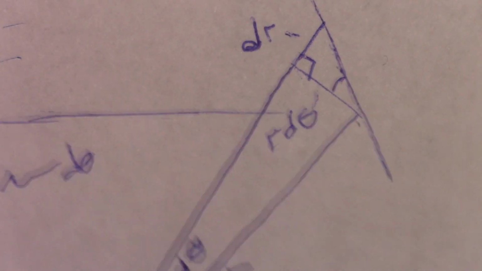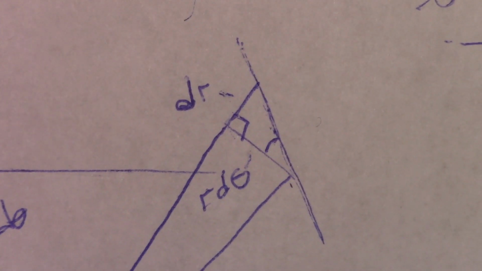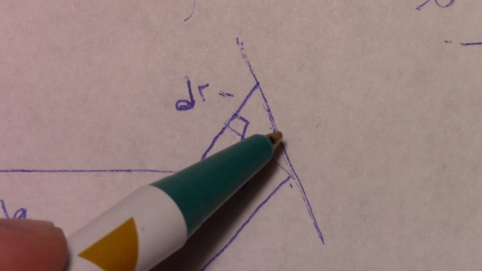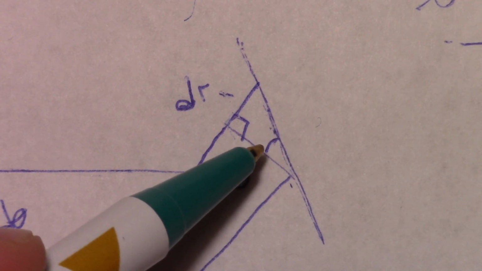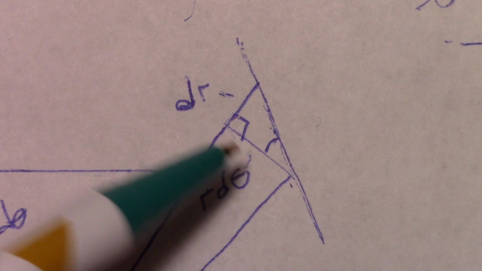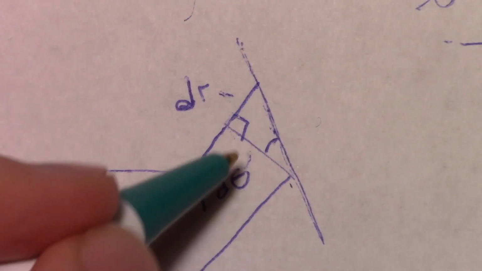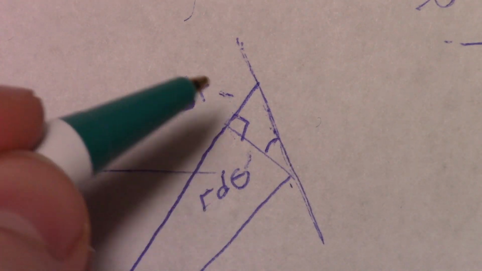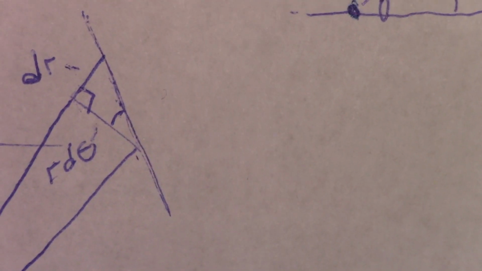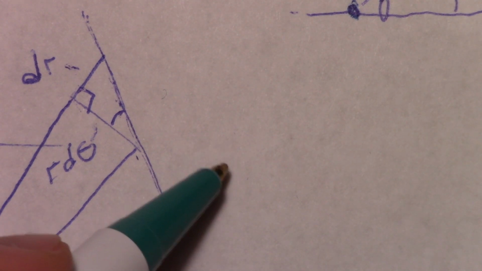Here we go. So, this little angle right here is the tangent of dr over r d theta. So this little angle, maybe we'll redraw it over here. We've just redrawn triangles over and over again.